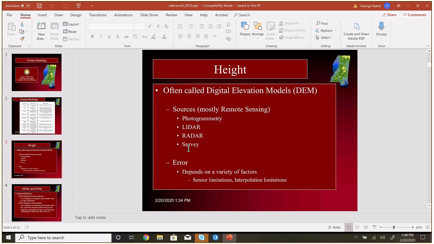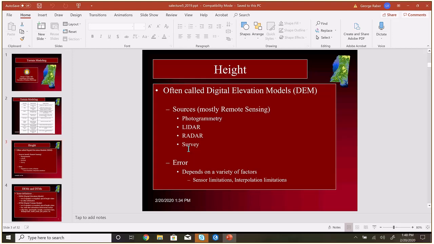And then finally, you could just do it the old-fashioned way. You couldn't do it in this big of an area, but you could do it using a survey, a very precise measurement. You could get a very precise measurement if you just went out with a survey-grade GPS coupled with a laser rangefinder and an angular measurement.